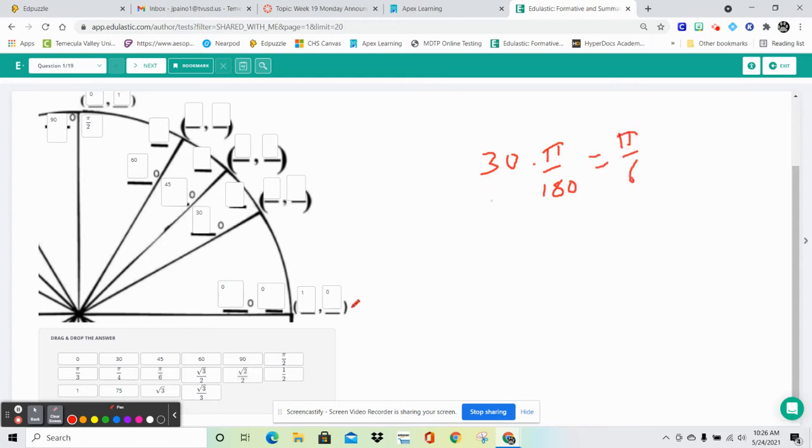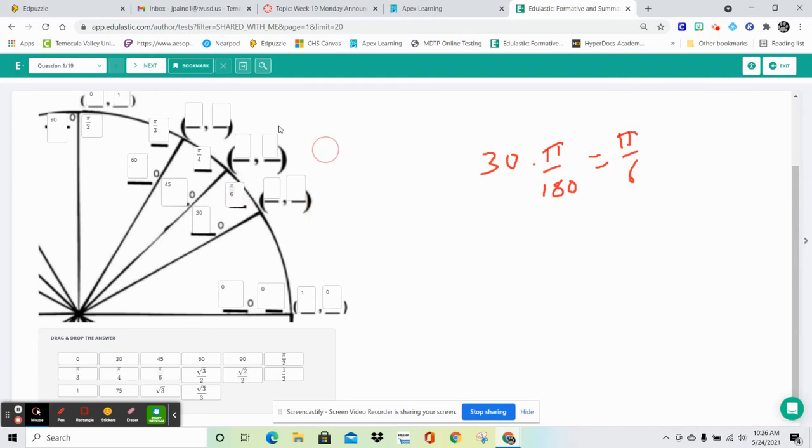So 30 degrees is pi over 6, and that's the process you're doing, or you just remember it from doing it so much. And then 45 degrees would be pi fourths, and 60 degrees would be pi thirds.